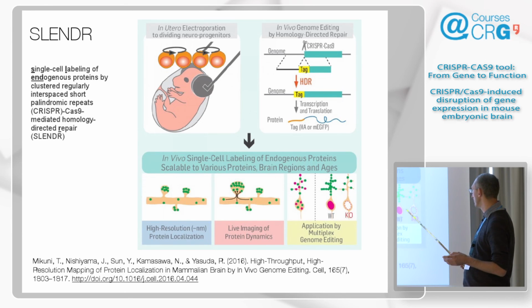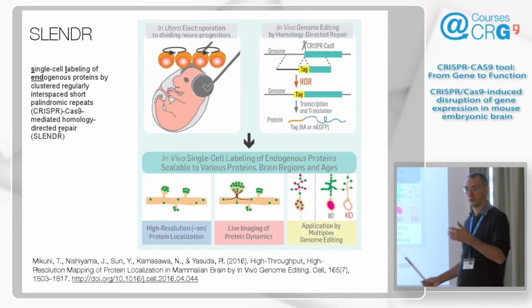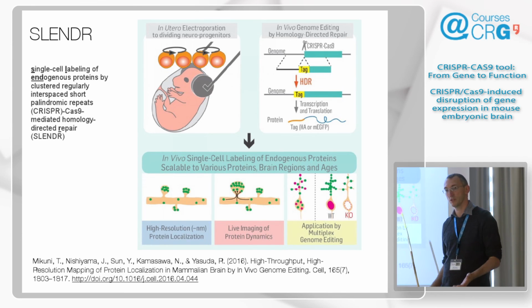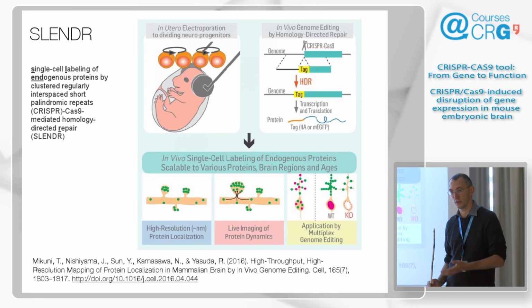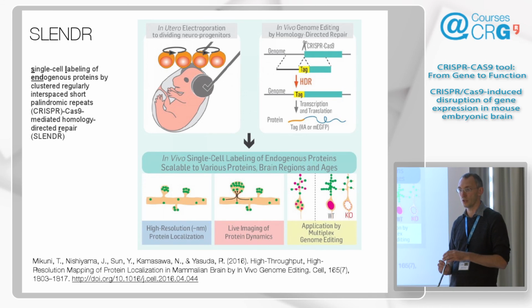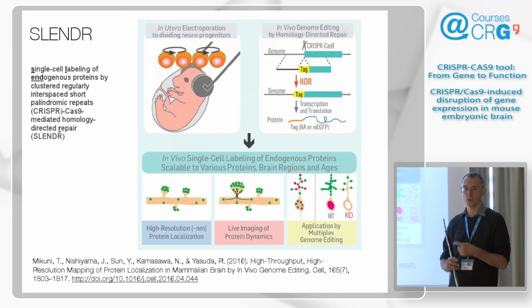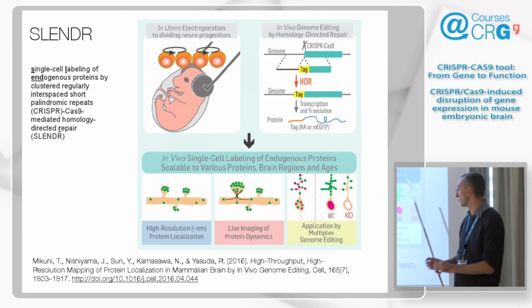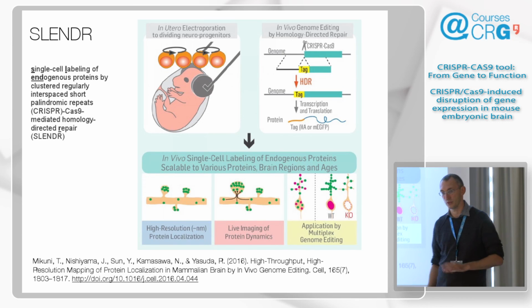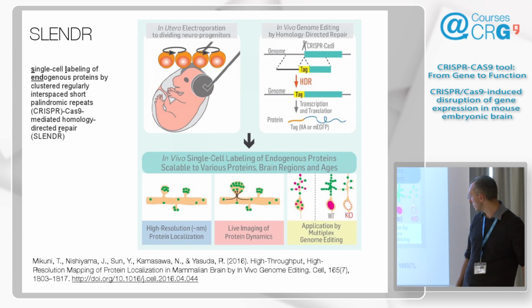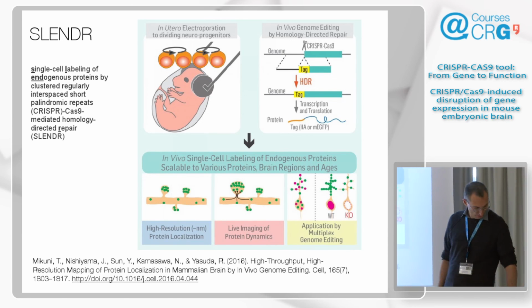So they could see the pattern in wild-type cells, and in the same experiments, they could knock out another gene that affects that pattern, and they could see a change in the structure of the neurons that correlates with the change in the localization of the protein of interest. They also demonstrated they could do double knock-ins to label two different proteins in the same cell. It's a beautiful paper. It came out in Cell in May, I think.